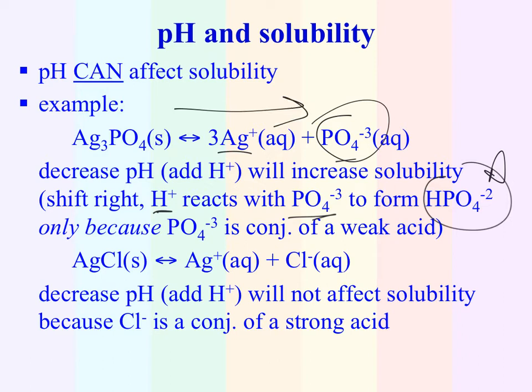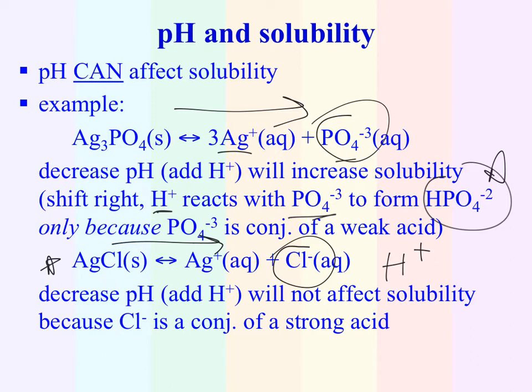Another example is silver chloride. If we decrease the pH, adding our H plus, that's not going to affect the solubility at all, because the conjugate base of a strong acid is never going to want to interact with that H+, so we're never going to pull chloride ions out of solution and cause that shift. Here you can see a bit of a combo of the conjugate acid-base theory we've been discussing.